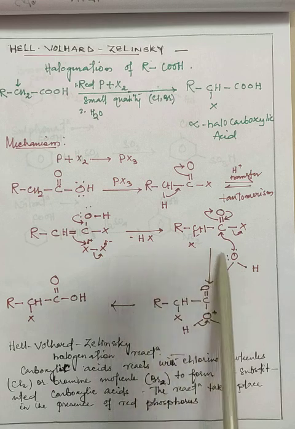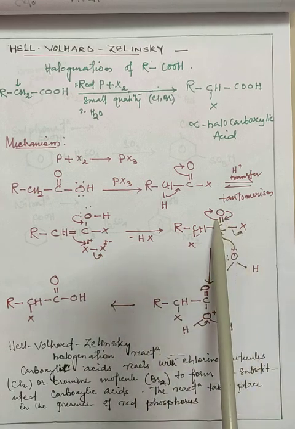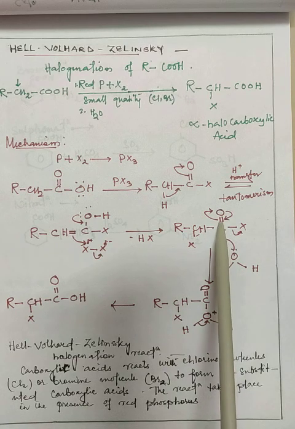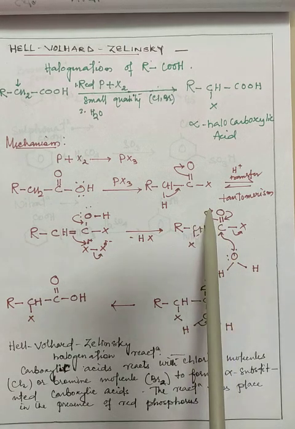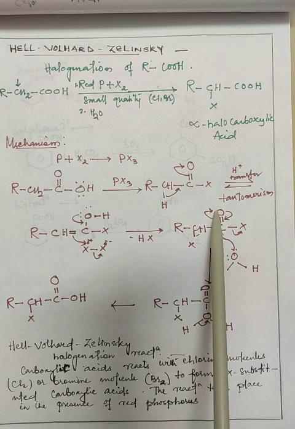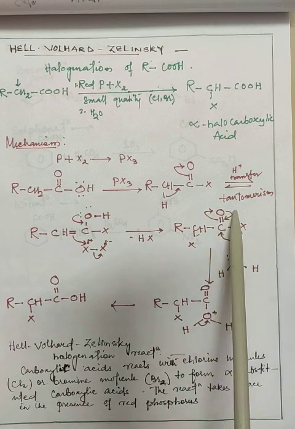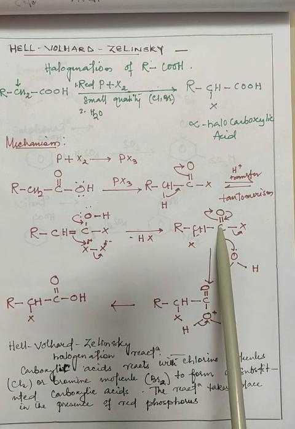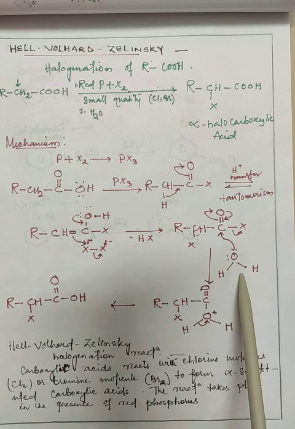So now, eliminating, we get this carbon double bond, one bond breaks and is given to the oxygen atom. So the more electrons are given back to this bond, becoming a double bond, and then it connects again to water.